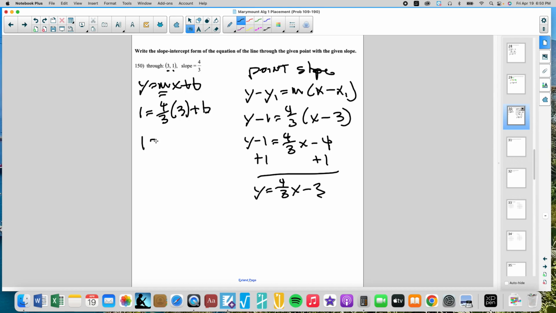So this is 1 equals 4 plus b, minus 4. Minus 4 gives me a -3 for my b. And then we can rewrite it as y equals the slope minus the b. This is definitely less work, but this might make more sense.